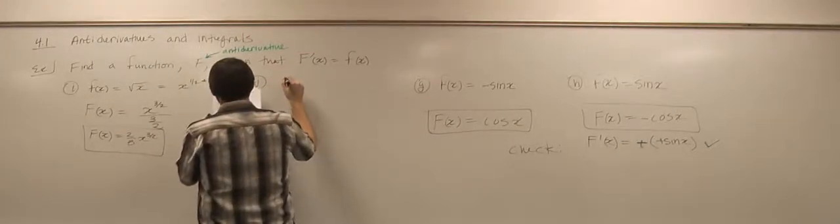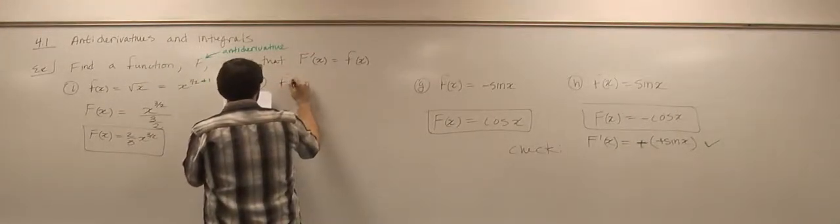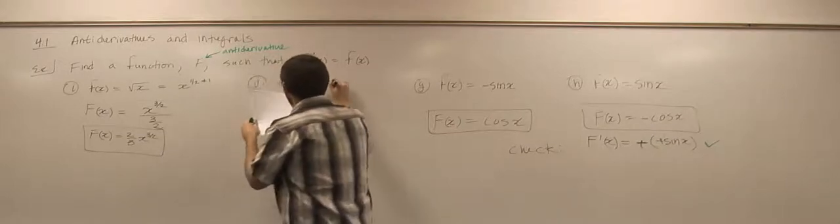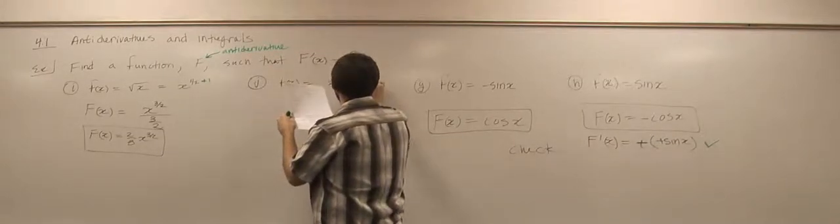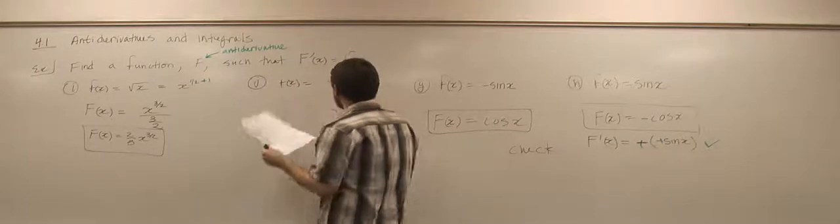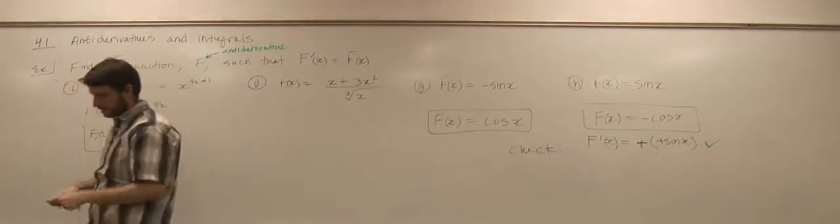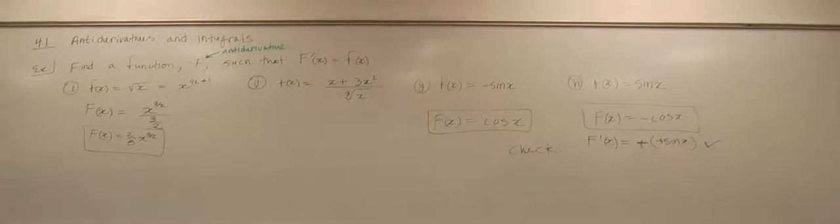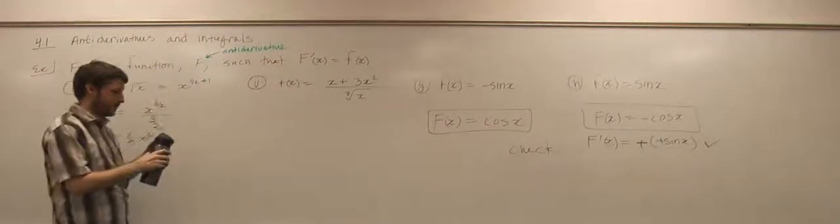So let's do x plus 3x squared over cube root x. So I want the antiderivative. I want a function, when I take the derivative, I get this guy back.